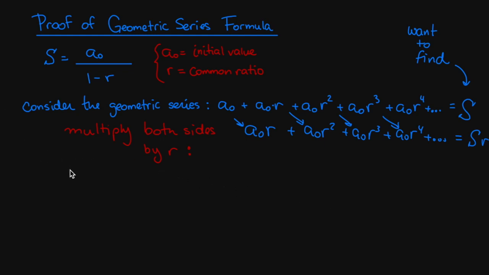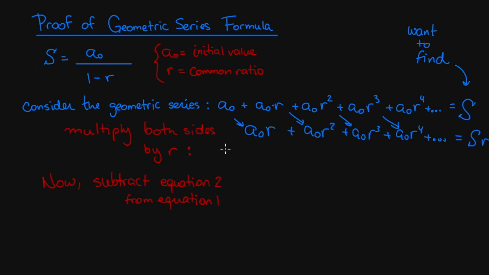Now, what happens when we subtract the second equation, the equation on the bottom, from the equation on top? So we're subtracting equation 2 from equation 1. Well, you see that there's nothing aligned with a0, so I just subtract a0 minus nothing.